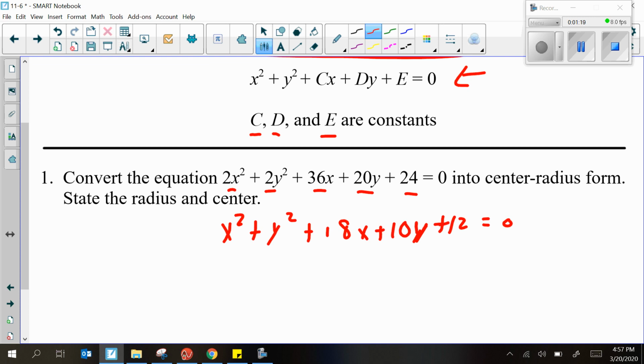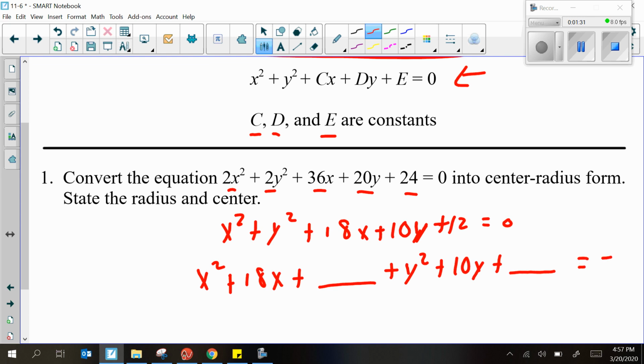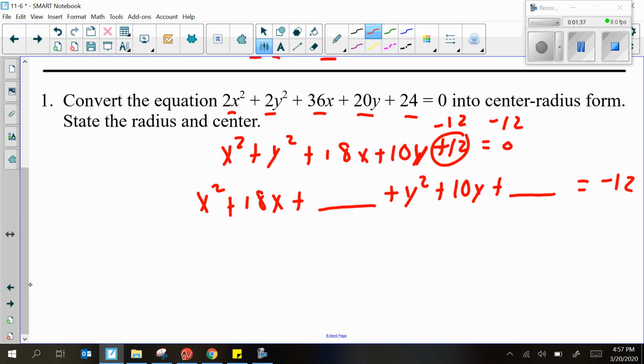All right, so we're going to gather our x's, leaving a space for the completing the square part. Gather our y's, leaving a space, and sending that constant over. Remember that constant, I have to do the inverse to send it over. So I'm going to subtract 12. All right, now I'm going to do b divided by 2 squared.